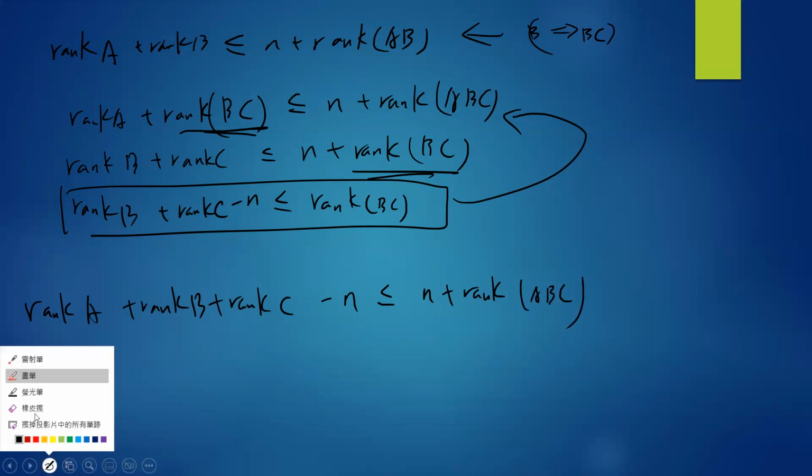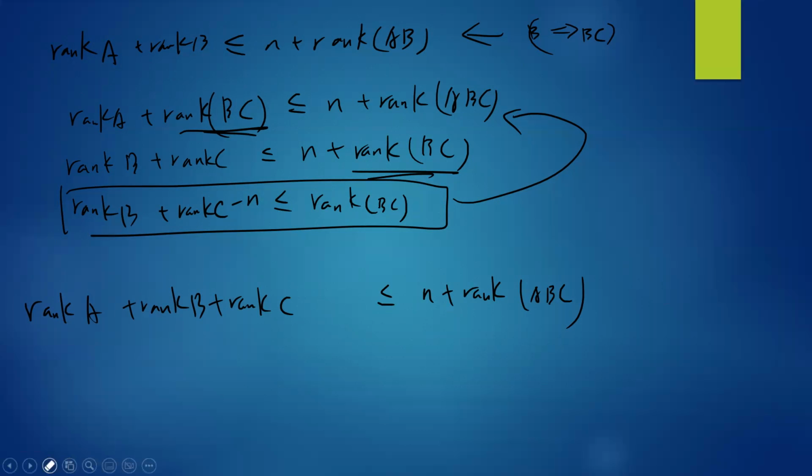I can shift this n to the other side. More generally, we get the sum of rank A_i for i from 1 to m, less than or equal to (m minus 1) n plus the rank of the product of A_i from 1 to m. That's using m because there's already an n here.